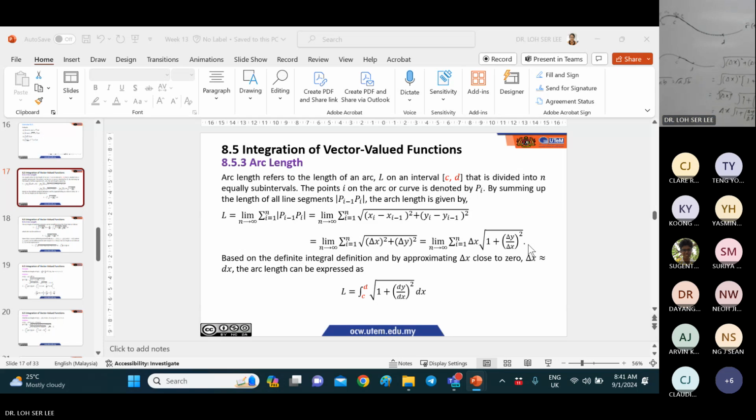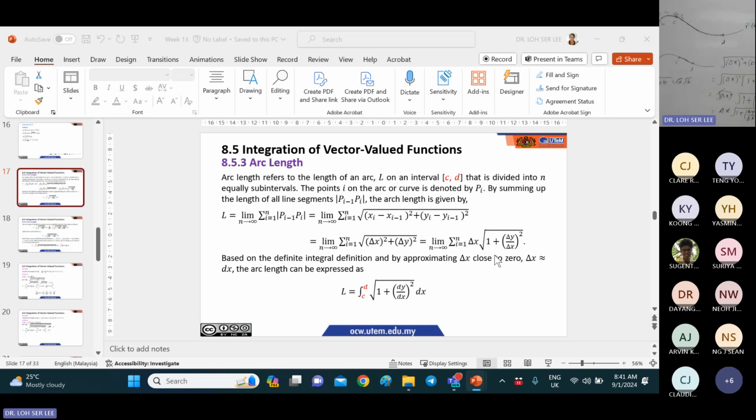Now, based on the definite integral definition, this is actually equal to the integration of this one with respect to x.